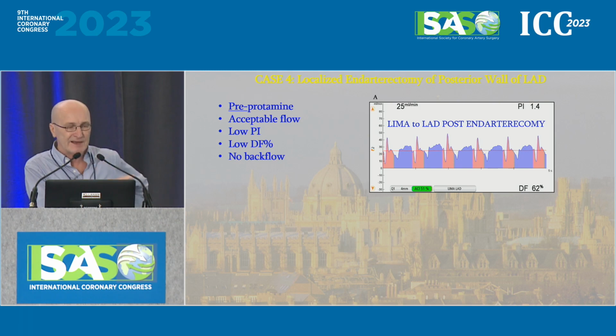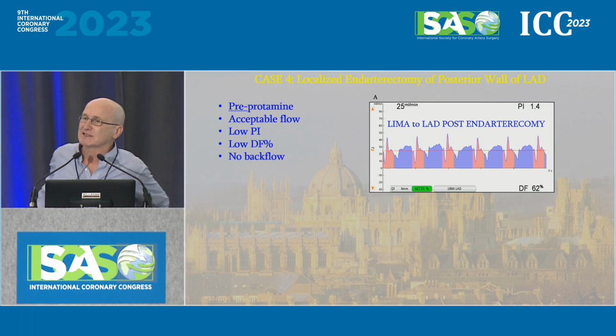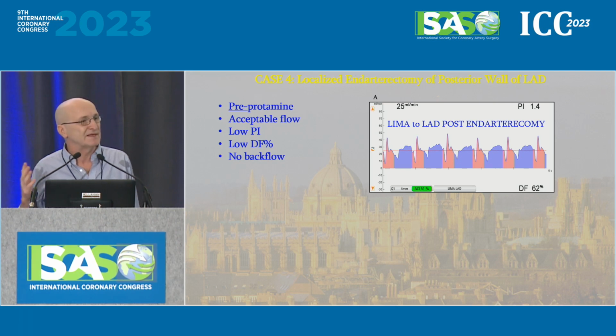Now, prior to giving protamine, I thought we had acceptable flow with a low PI, low diastolic flow, and no backflow. So given this appearance, who would revise that graft? So I assume that means everyone in the room would accept that graft was okay. So nobody would say, I need to revise this graft.